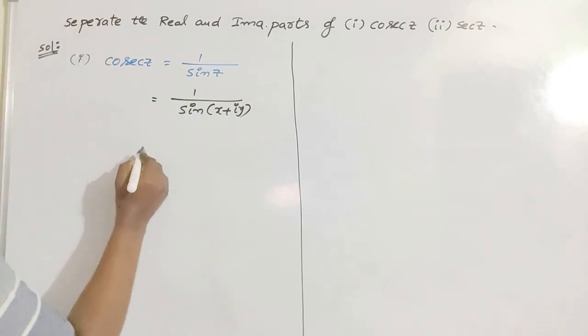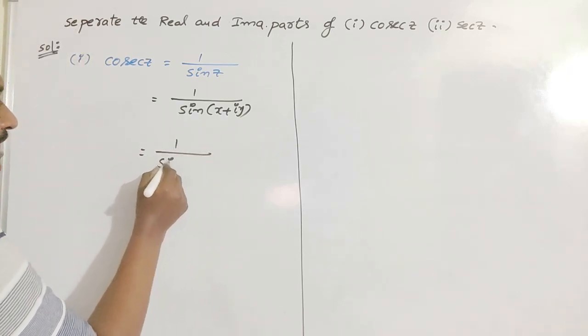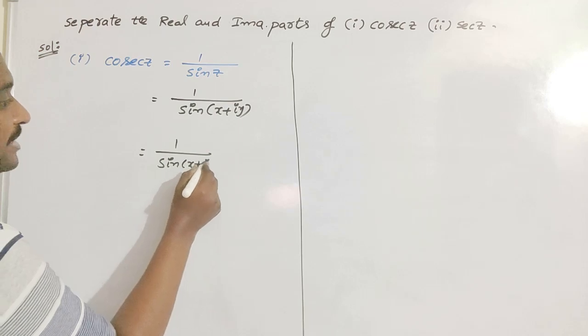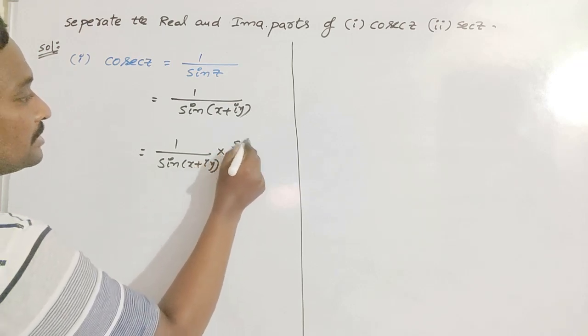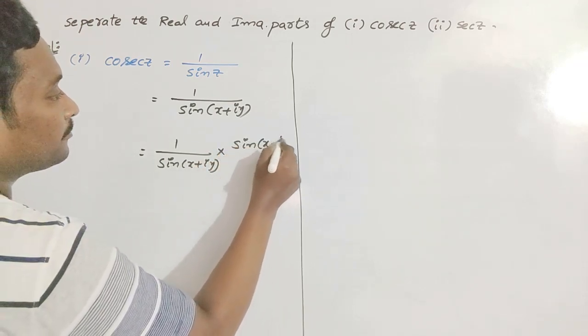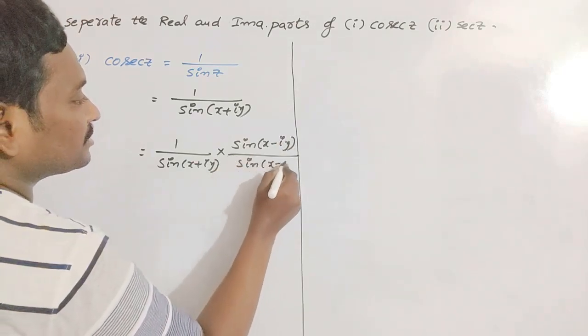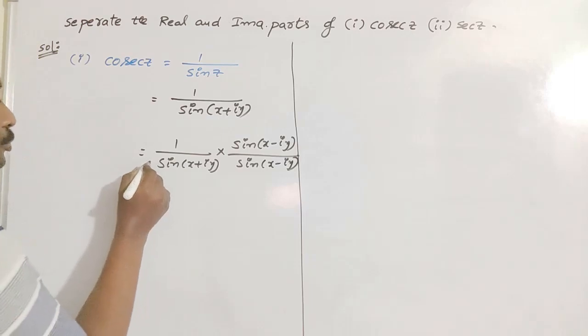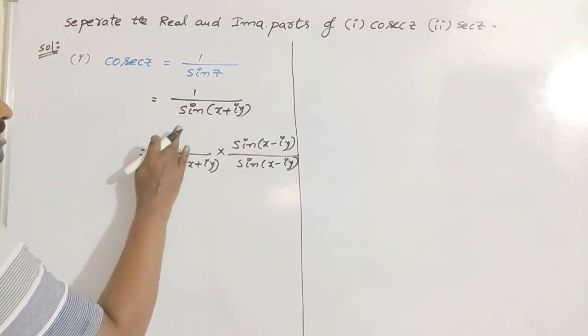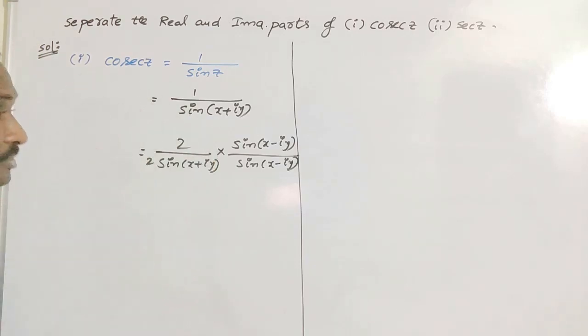Okay. So I will multiply sin of x plus iy with sin of x minus iy in the numerator, and divide with the similar term. Also you should take 2 in the denominator, that's why I will multiply the numerator with 2.